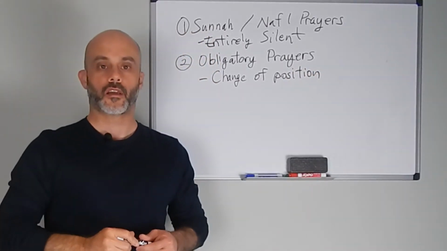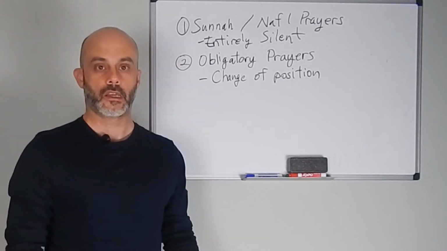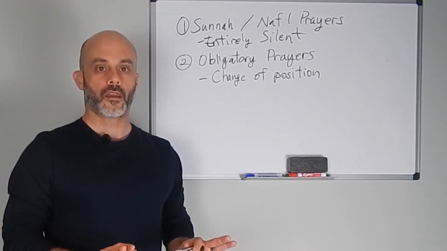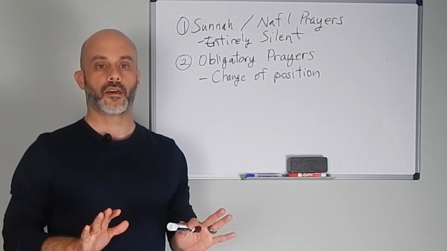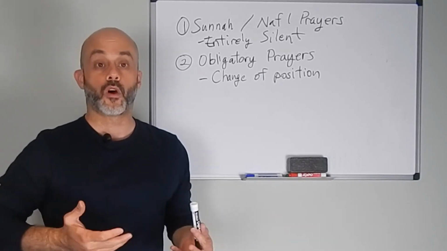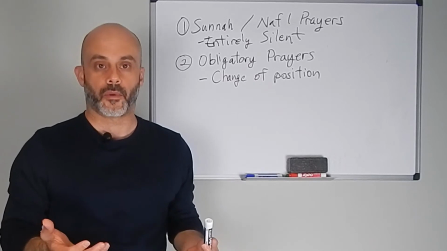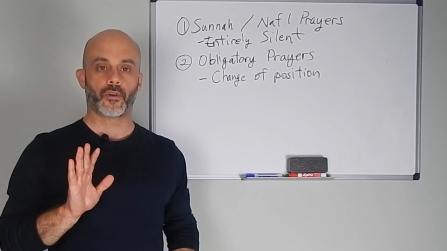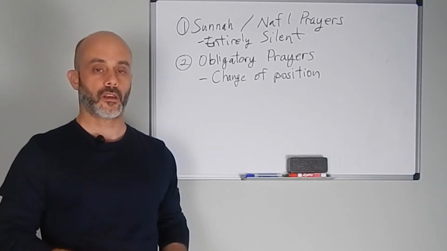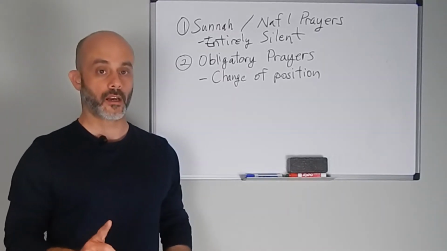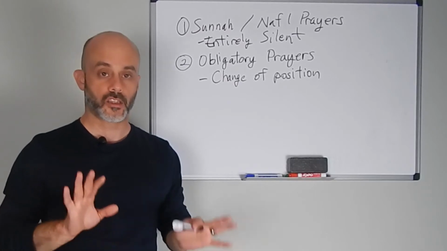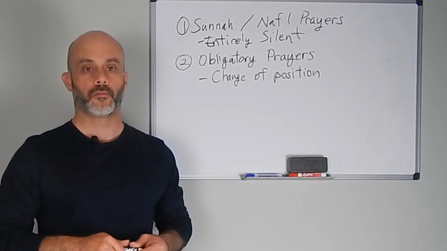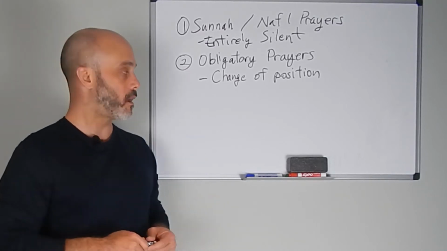It's when you say Allahu Akbar and you change position. Now when you're coming up from the bowing position, from ruku, it's Sami Allahu liman hamda. That's the only one that's not Allahu Akbar. Every other change of position, you say Allahu Akbar, except when you come up from bowing, you say Sami Allahu liman hamda. Not Rabbana walakal hamd. That's not part of the change of position. That's what you say after you change the position and you get into the standing portion.